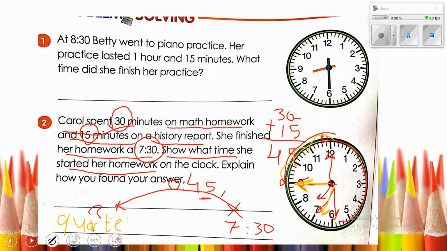Yes, I will write it again, wait. Okay. Quarter 2, yes. Which hour? Quarter 2, the second hour, which is the next hour, which is 7.